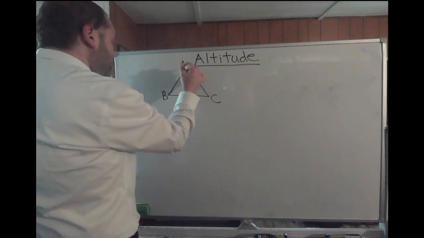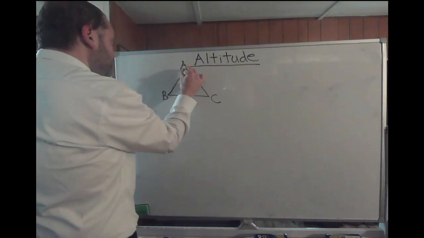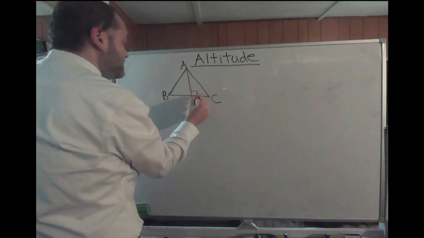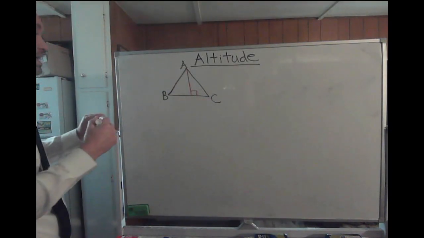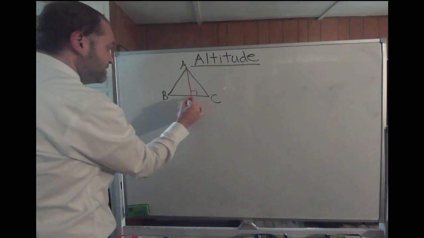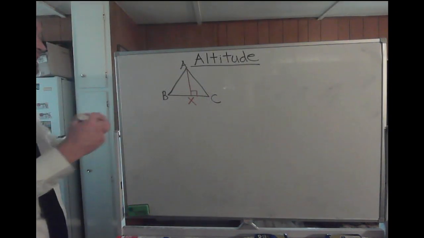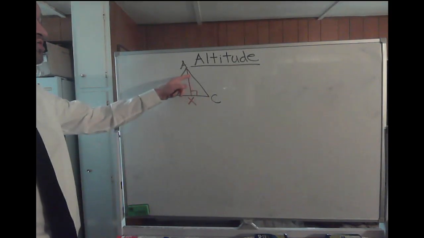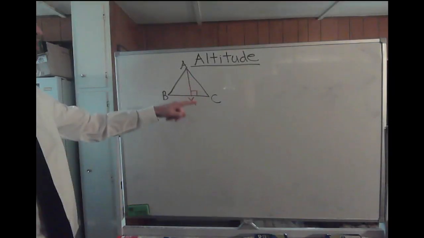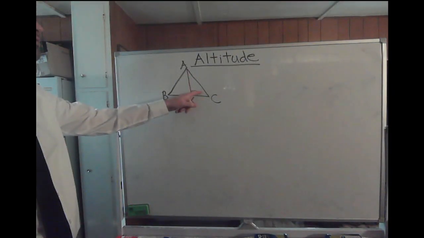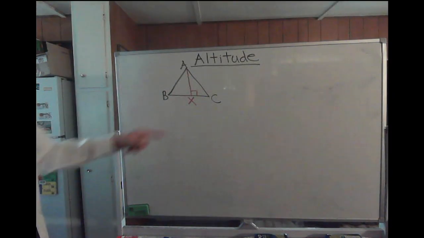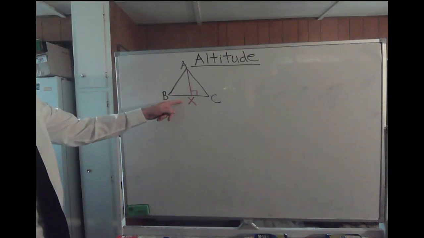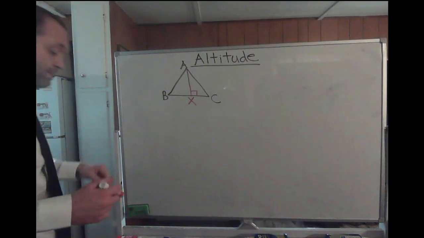Okay, so it comes from a vertex angle of the triangle to the opposite side, and it forms a perpendicular line with the opposite side. We'll call this X. That line in red, AX, would be the altitude of this triangle because it goes from a vertex angle to the opposite side of the triangle and forms a perpendicular line. So we can say AX is the altitude of triangle ABC.